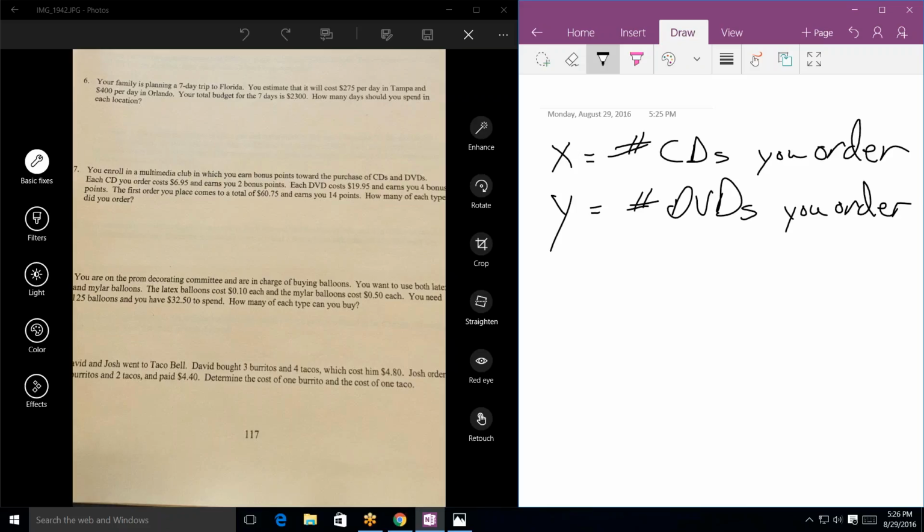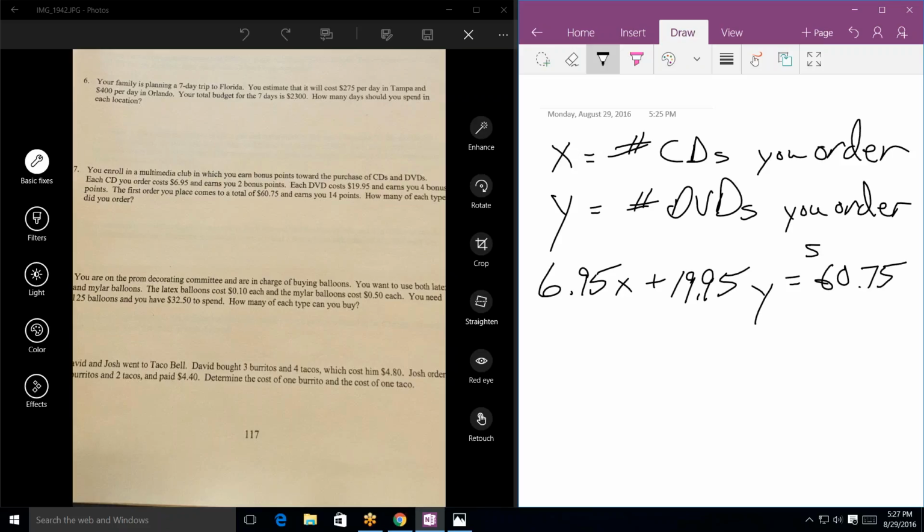Well, let's separate these things out. In other words, your total order costs $60.75. Let's work with that part first. Okay. So give me an equation. So we could do 695x plus 1995y is equal to 6075.